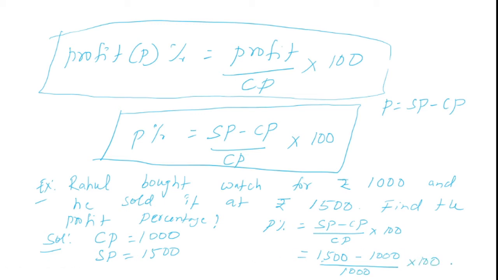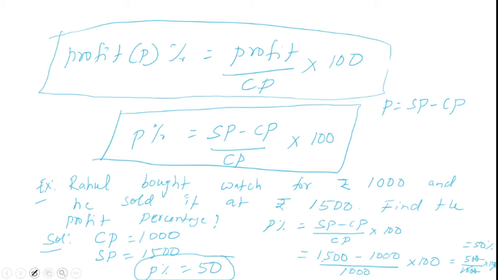That is 500 by 1000 into 100. Cancelling the zeros, it is 50 percent. So the profit percentage is 50.